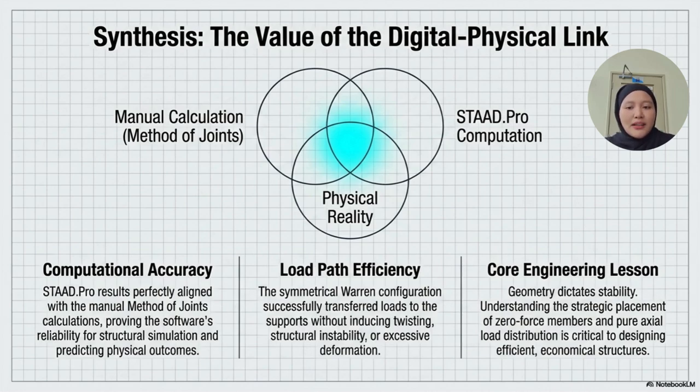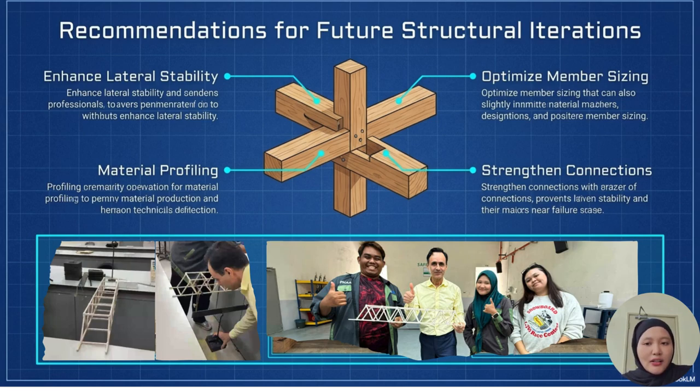Understanding load path prevents over-design. Appreciating geometry ensures safety. This is the essence of structural engineering, balancing efficiency with safety, theory with practice, and computation with physical understanding. Now I will share our recommendations for improving future designs based on lessons learned.